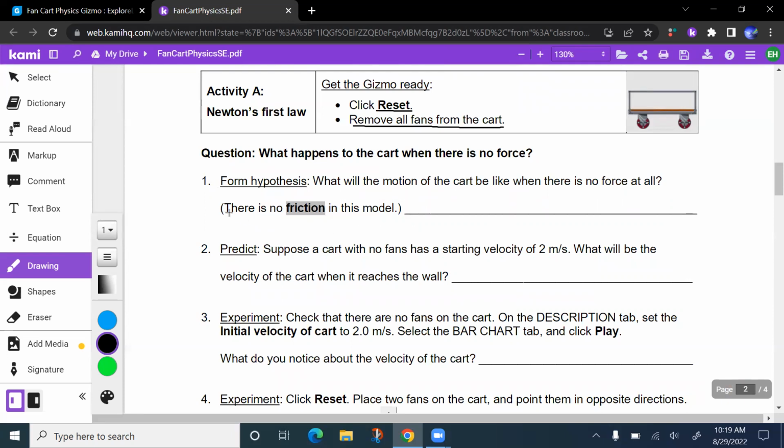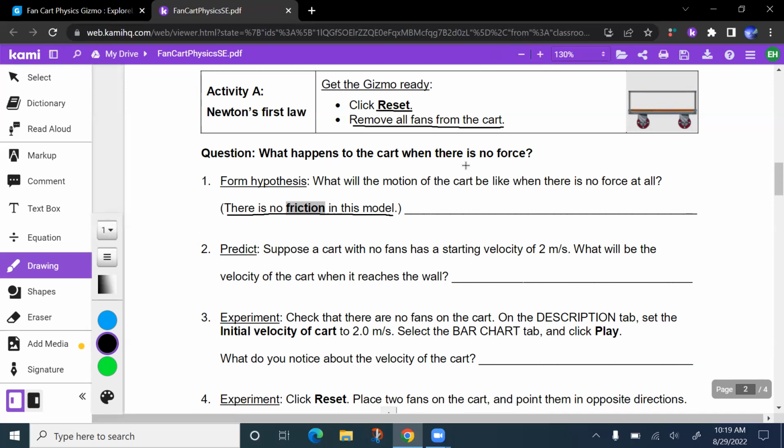And we should note that there is no friction in this model. Please take a moment to answer question number one. Before we start with question number 2, remember you are advised to pause the video as you are answering the questions and then resume the video when you feel you need help along the way.